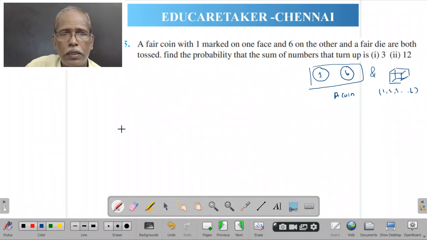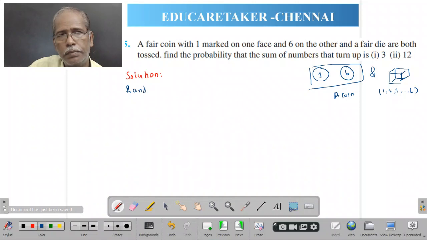So what is the experiment actually? We have to mention clearly the random experiment. What is the random experiment?